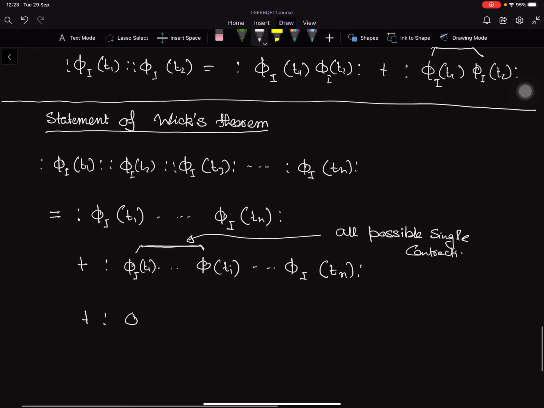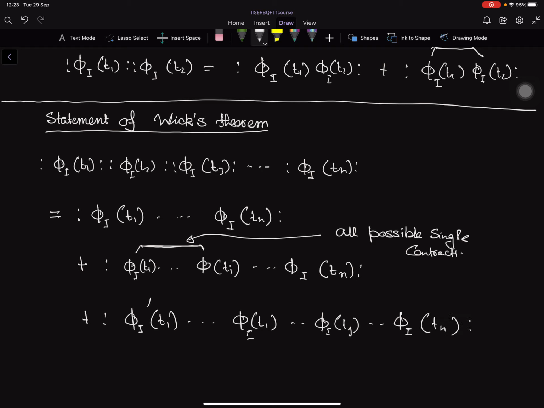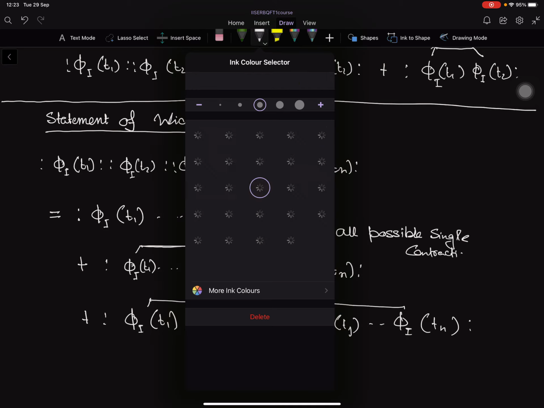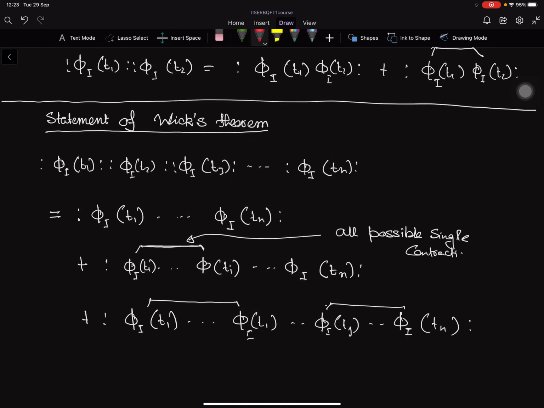Then you will have all possible two contractions. So this is one type of two contraction. Another type of two contraction can be like this.